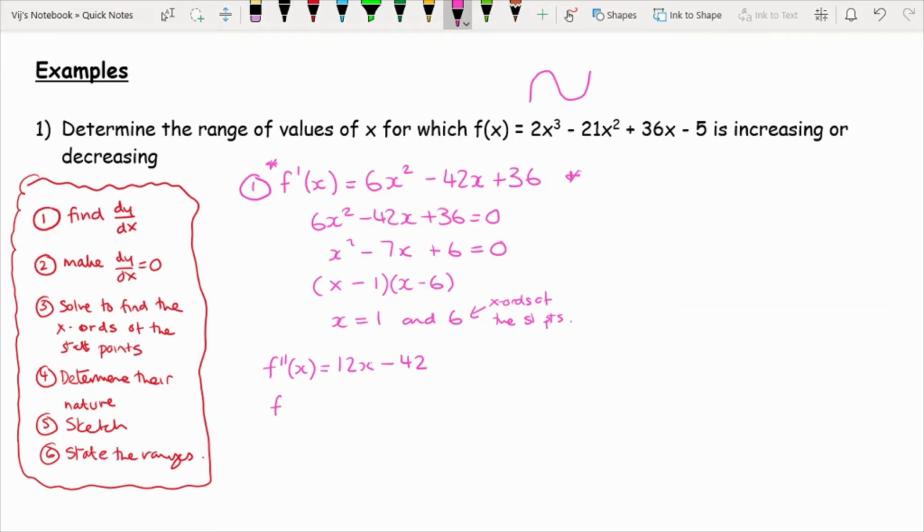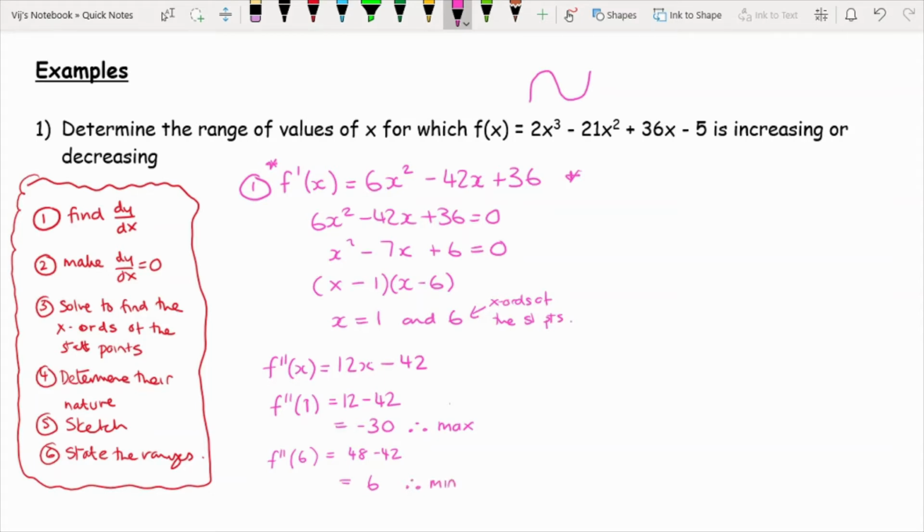Substituting when x equals 1, I get 12 minus 42, which equals minus 30, and as we've said, that's going to produce a maximum stationary point. When I substitute 6 into my second derivative, I get 12 times 6, which is 72, minus 42, which leaves me with 30, which therefore is going to be a minimum.